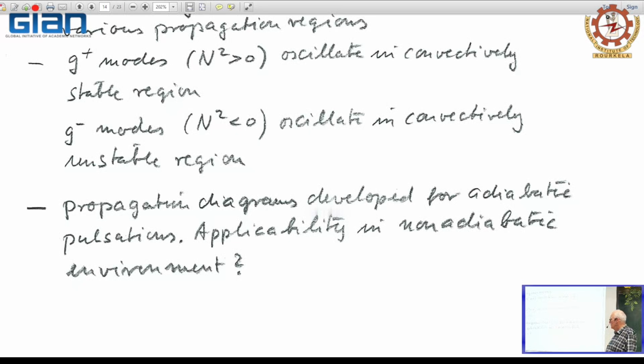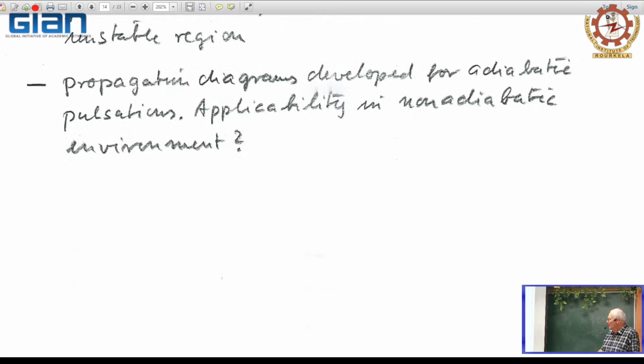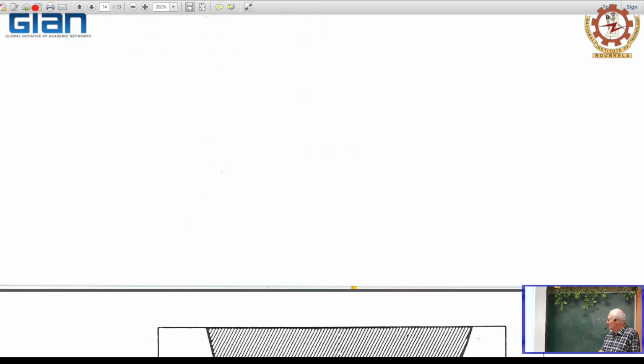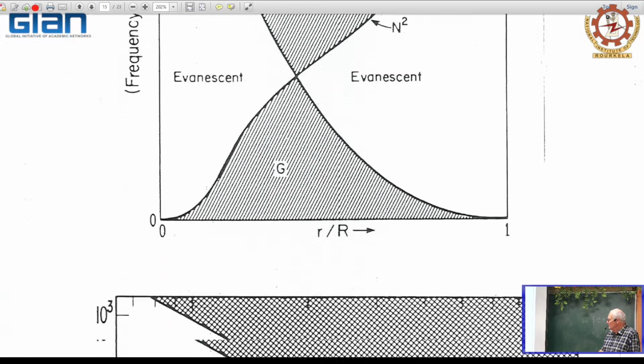But in many cases, it's also applicable for non-adiabatic environments. Okay, now let's go again to our models.